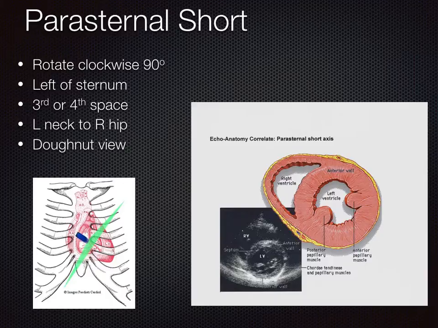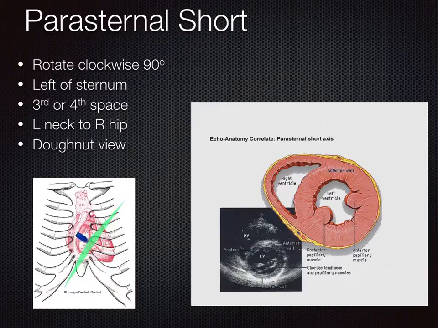I'll show you the three in a minute, but you can see there is a nice one which we call the dancing donut view, because you can see it's nice and round. That's the left ventricle. Then there's two bulges into the cavity of the left ventricle, which are the papillary muscles.